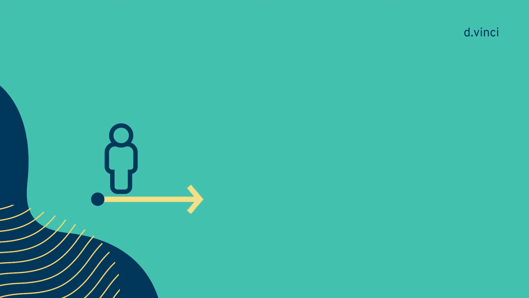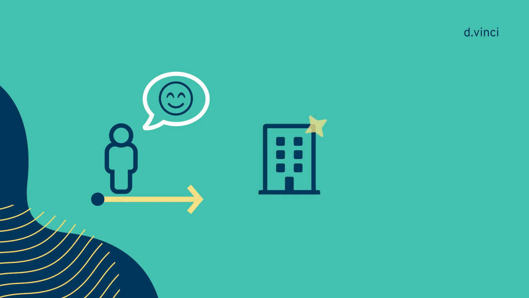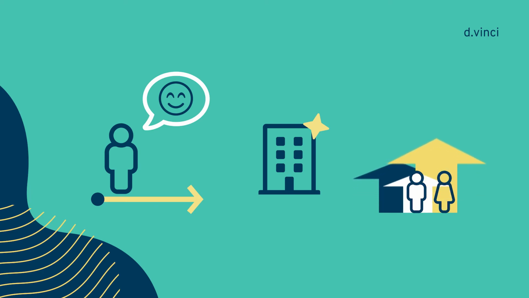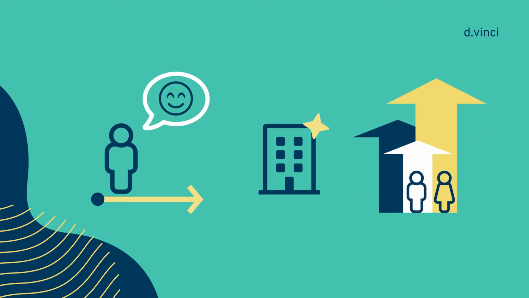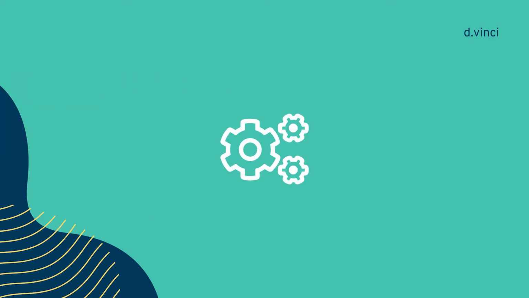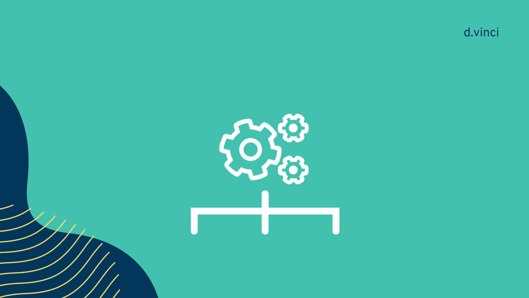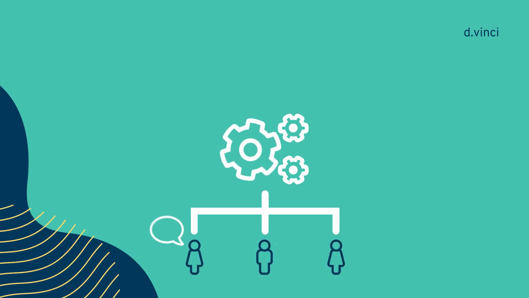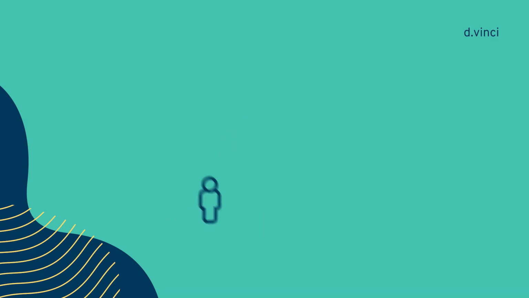Give your new employees a good start. A high level of employee satisfaction from the very first start strengthens you as an employer. And of course, it strengthens the motivation of all your other employees as well. With the d.vinci onboarding, you establish a structured process that works for every new employee and makes your processes transparent and automatically working.